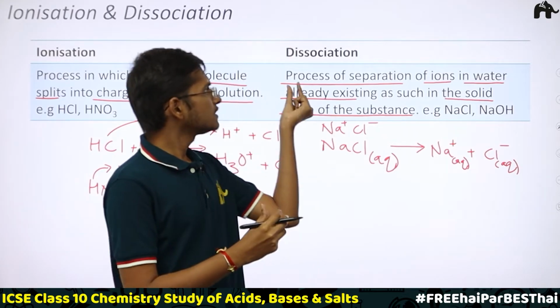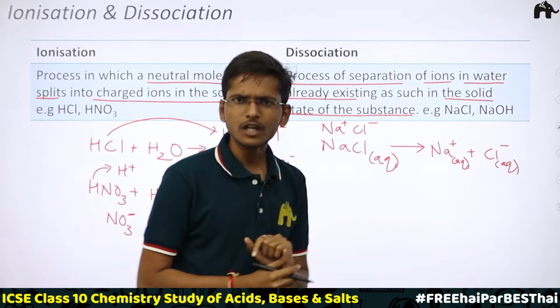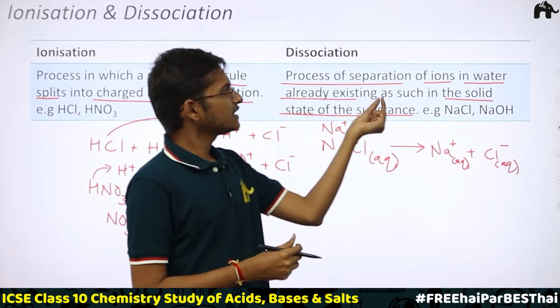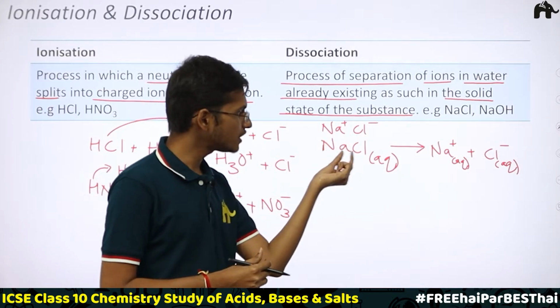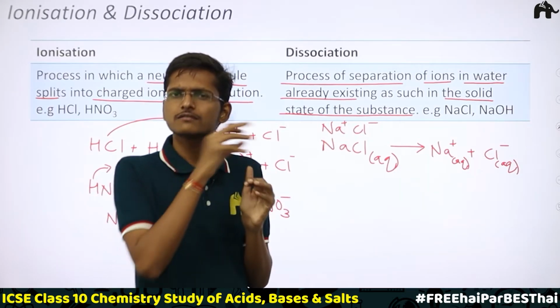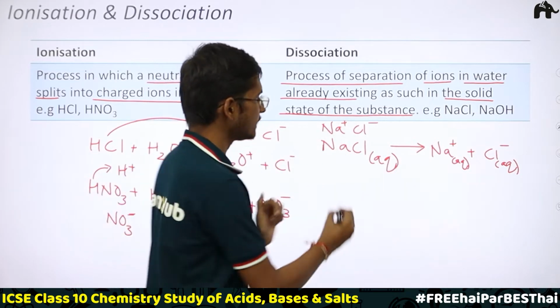So what has happened is the process of separation of ions in water, where the ions are already existing as such in the solid state of the substance which is added in the water. The example we have seen is NaCl; the same case goes with NaOH as well.